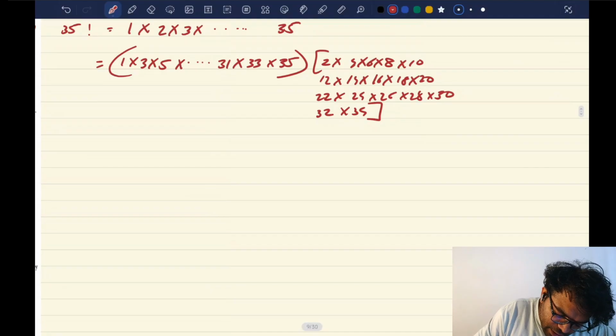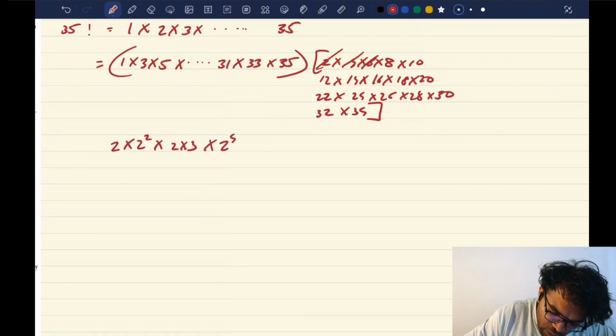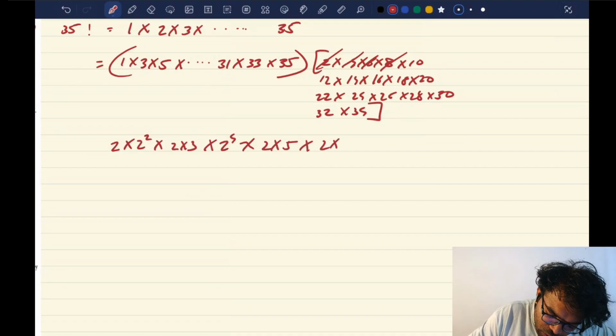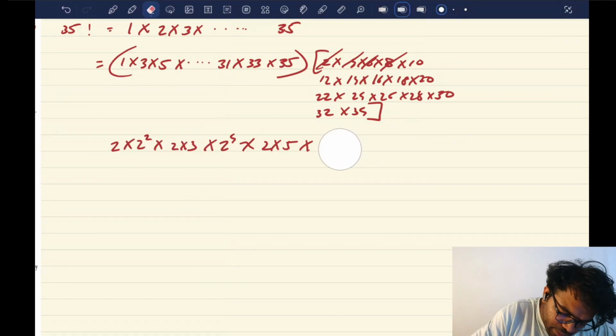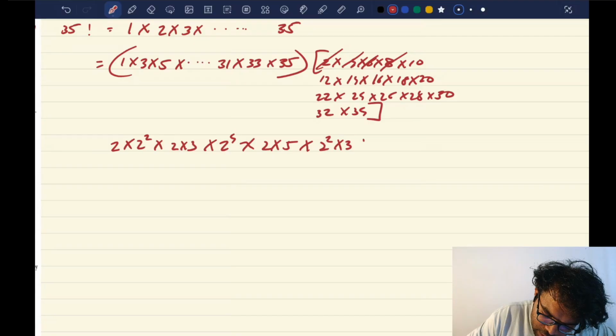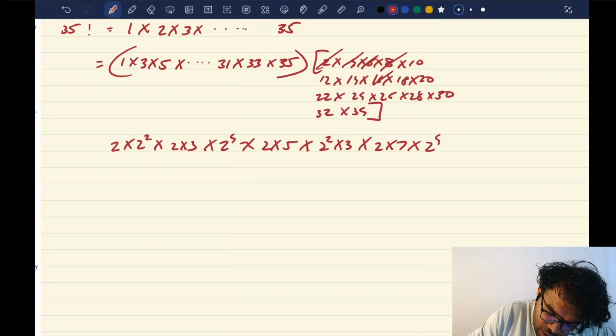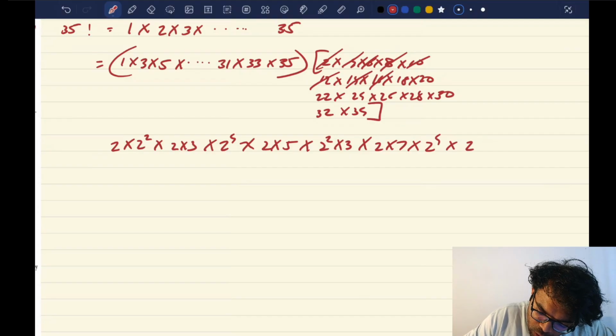So let's just start cutting it. 2 into 2 square into 2 into 3, then 2 to the power of 4 into 2 into 5 into 2 into 2 into 2 into 2 into 3, that is 2 square into 3 into 2 into 7 into 2 to the power of 4 into 2 into 9s are 18 into 2 into 2 and 2 square into 5.